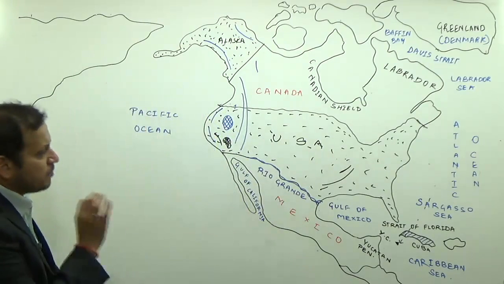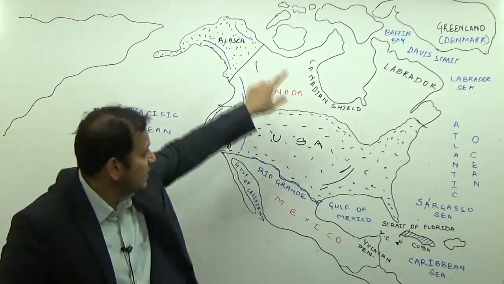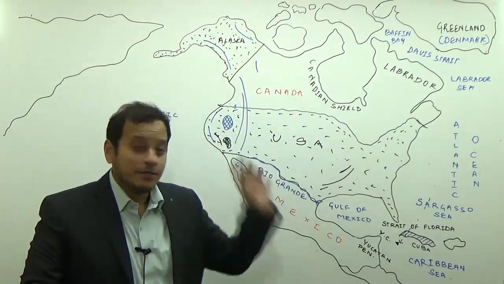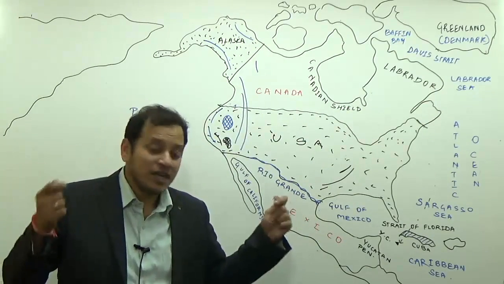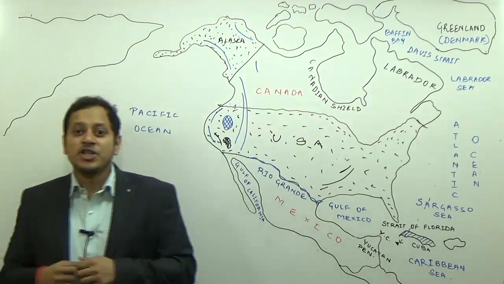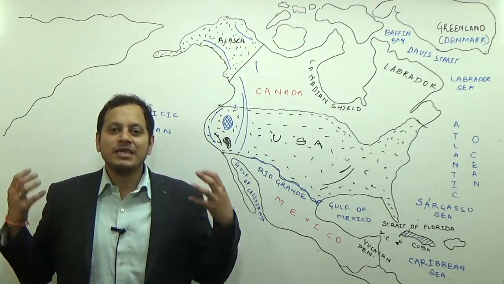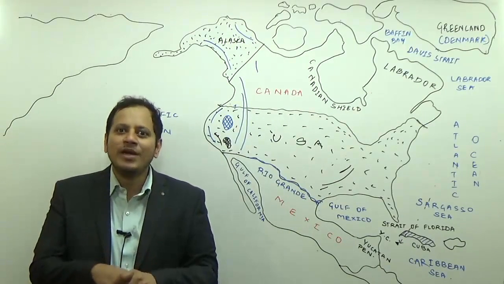So the Davis Strait separates Labrador from the Greenland region. Now you see a scooped area here surrounding the Canadian Shield. When I say Canadian Shield, if you have done the earlier lectures, the first thing that should strike your mind is shield. The Peninsular Plateau is an example of a shield, a very old region.